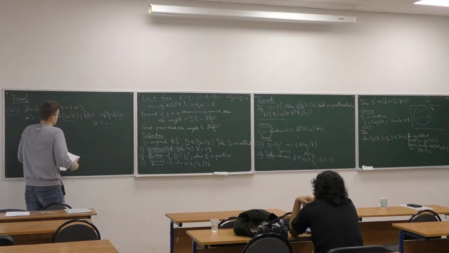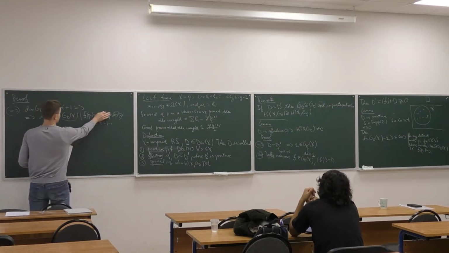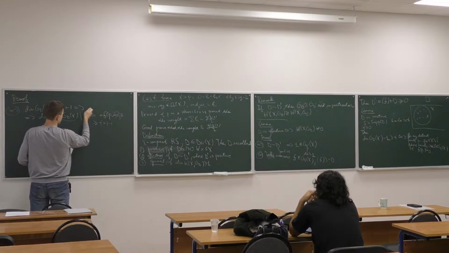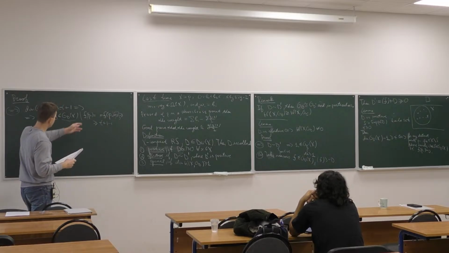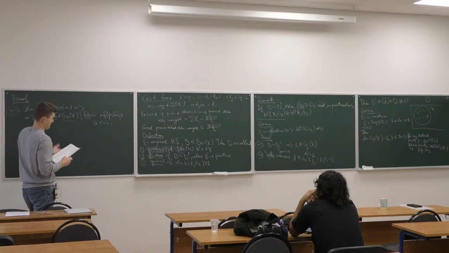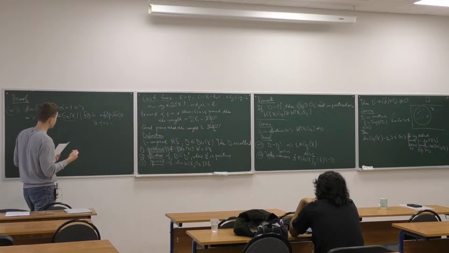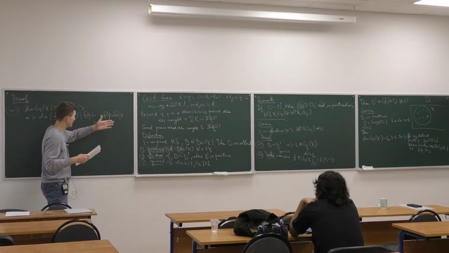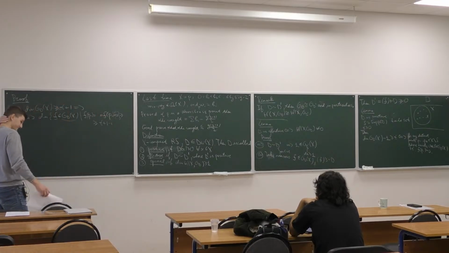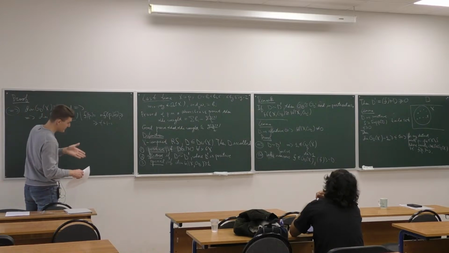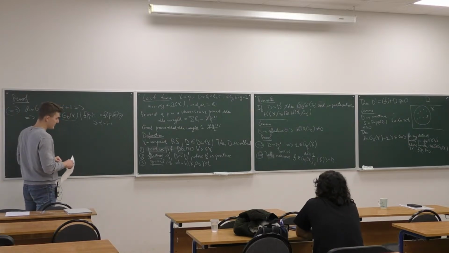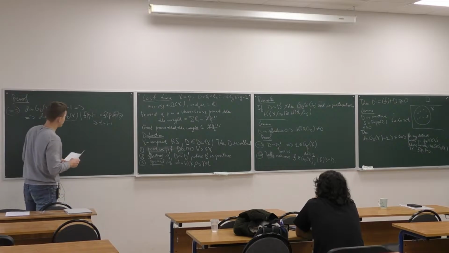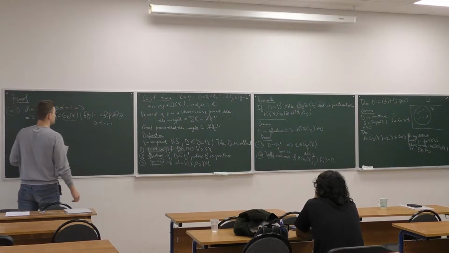Because, for example, for i equals 1, you add the constraint that f of p1 is 0. Just one linear constraint, so the dimension can be the same or drop by 1. Adding one more point either adds a constraint or it doesn't add anything. So the dimension can drop at most by i.